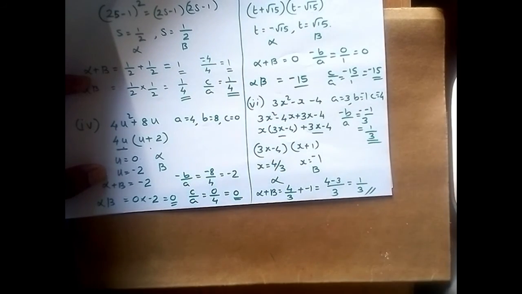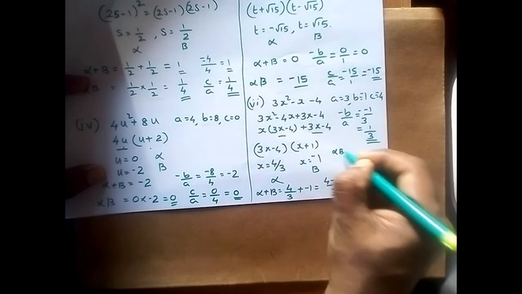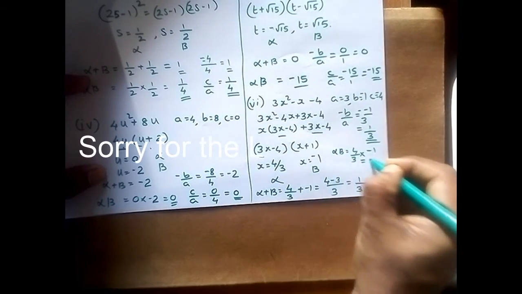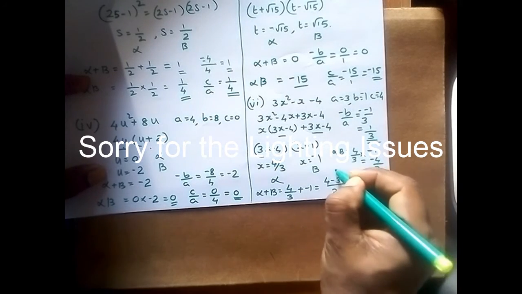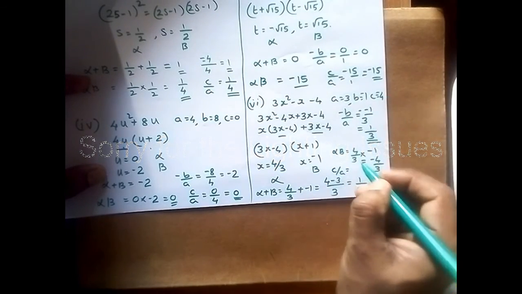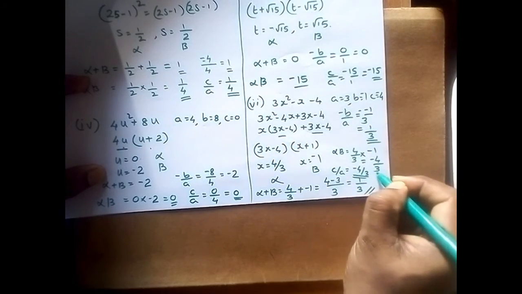Okay, what is alpha beta? Alpha beta is equal to 4 by 3 into minus 1, that is minus 4 by 3. What is c by a? C by a is equal to minus 4 by 3. Hence the result.